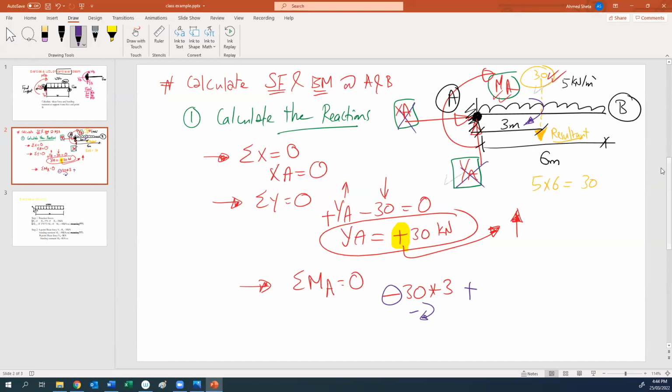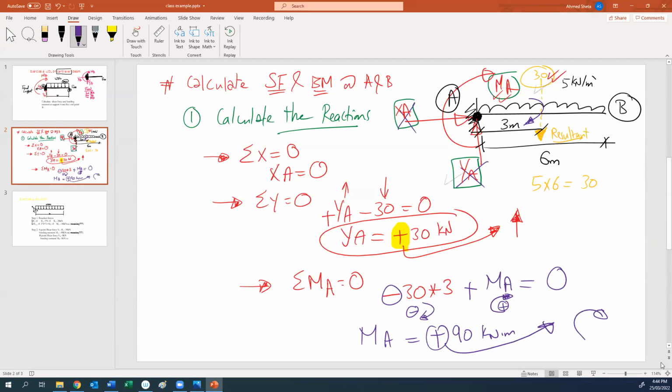Plus MA, and I will give it a positive sign because it rotates anti-clockwise. So 30 by 3 plus MA equals 0. This gives us MA equal to positive 90 kilonewton meter. The positive sign means the assumption is okay.